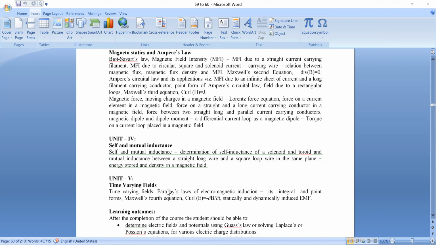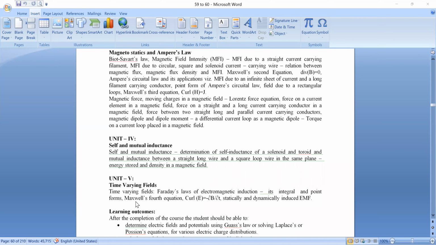So here we discuss Faraday's law. In the previous chapters we discussed Gauss law, Coulomb's law, Biot-Savart's law, Ampere's circuit law, and this is Faraday's law. So here we discuss Faraday's law of electromagnetic induction and its different forms, integral form and point form. Point form is also named differential form.